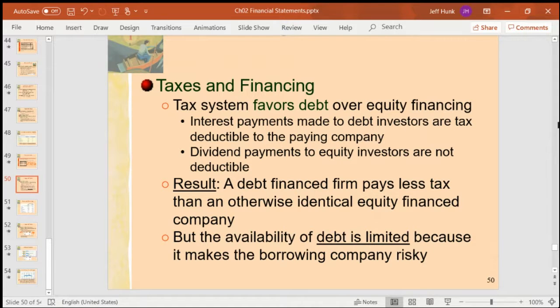And the interesting thing is, I also mentioned this when we did the balance sheet, there is an optimal capital structure. A 100% equity financed company is not necessarily good. It may be very safe because there's no default risk.